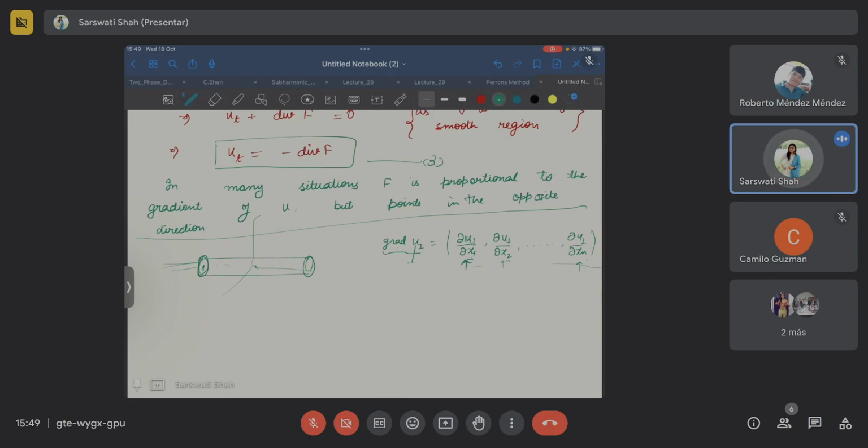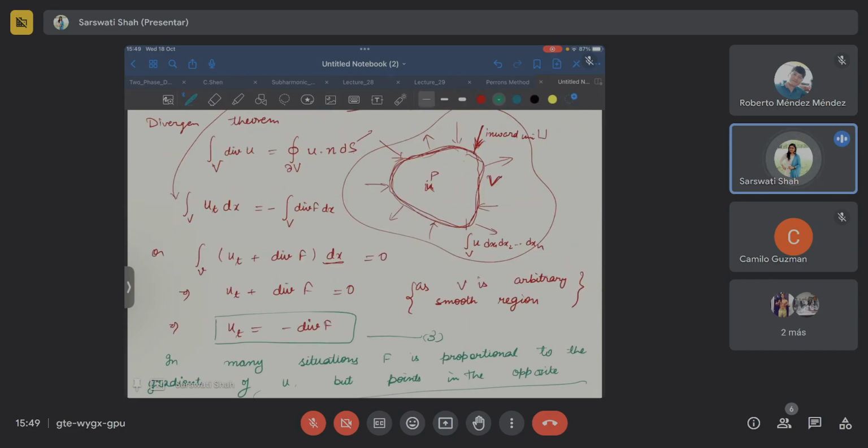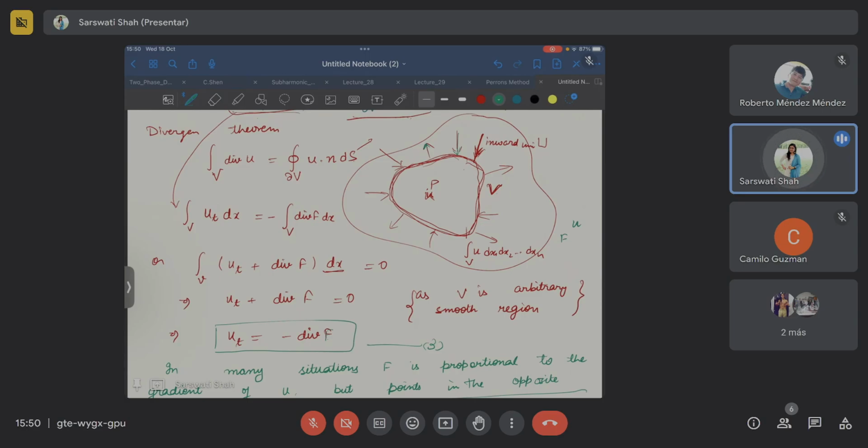Now what I was saying is that the flux function f shows the change in the quantity u across the boundary, the change in the volume of the quantity u across the boundary.